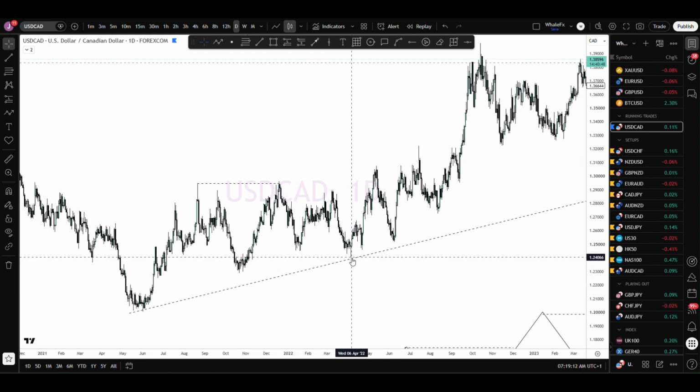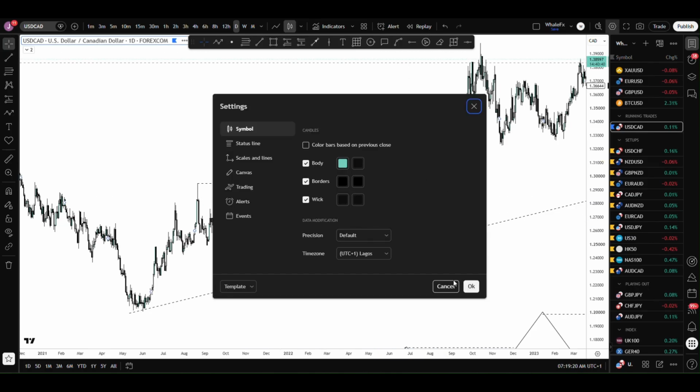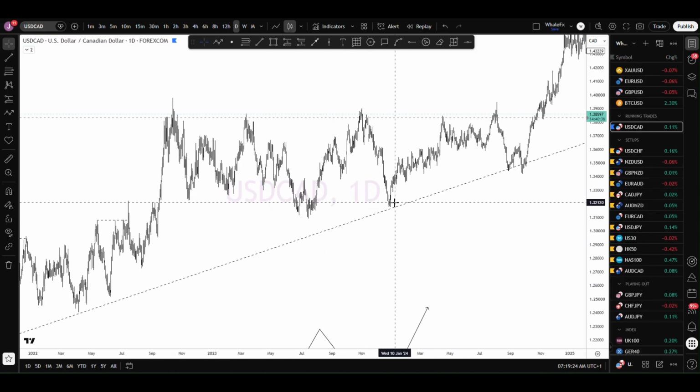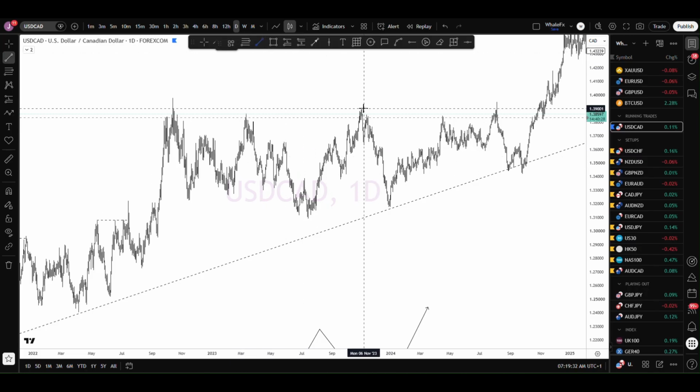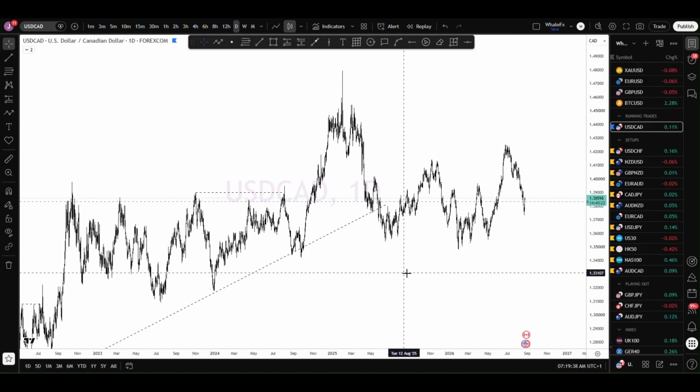After that, the market came back and almost tapped. Let's call that a tap. Then we have another break of structure. The market did its thing, came back within this trend line, tapped, and broke structure again to the upside, making this trend line valid.